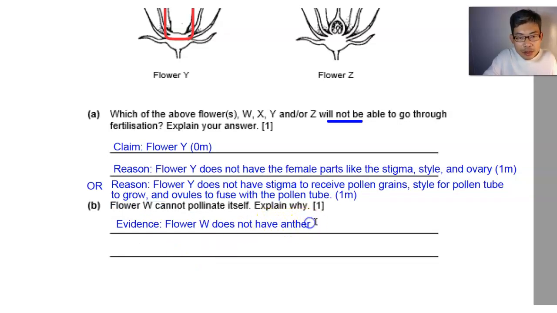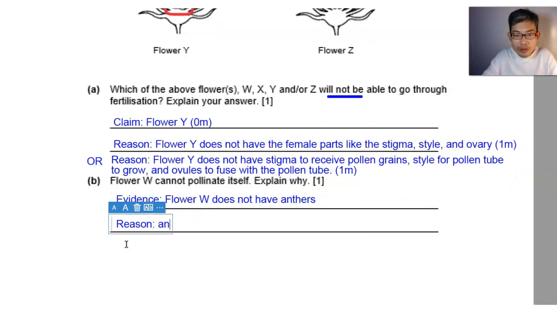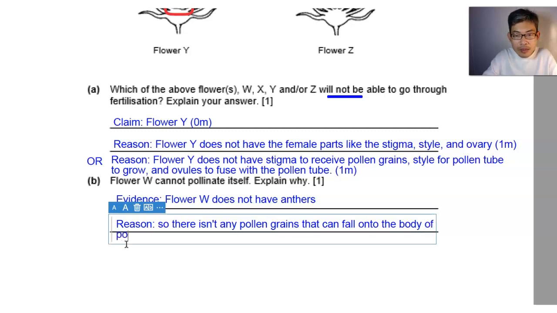And usually there are more than one. So what does this mean? Let's give the reason now. So there isn't any pollen grains that can stick onto the body of pollinators to drop onto the stigma.